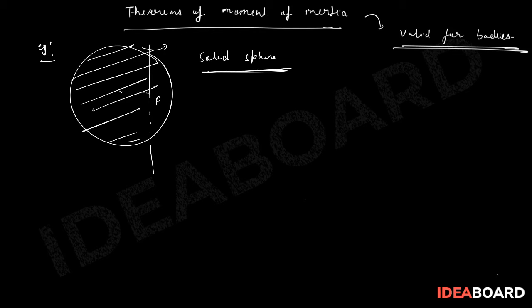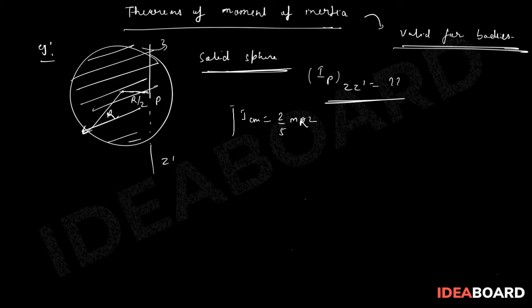Now I wanted to calculate, let's say this is z, z dash. So I p z z dash, right? How to calculate it? Let's say this point is certainly r by 2 distance, while sphere is having radius r itself, correct? Now for a solid sphere, we know that ICM will be 2 by 5 mr square. This is for solid sphere, we know that.